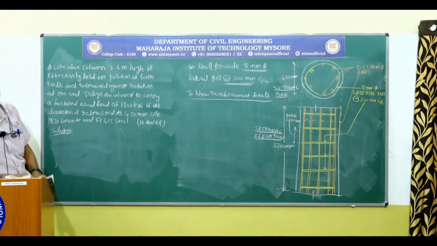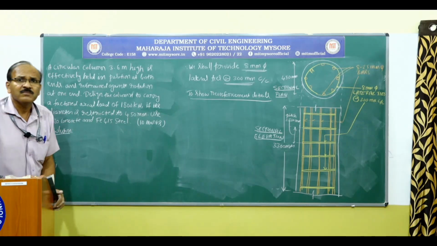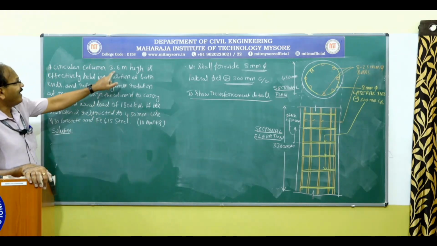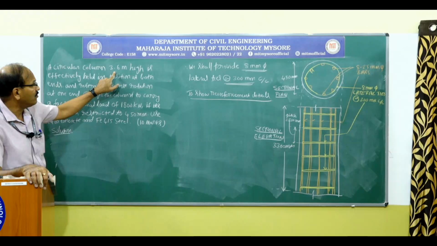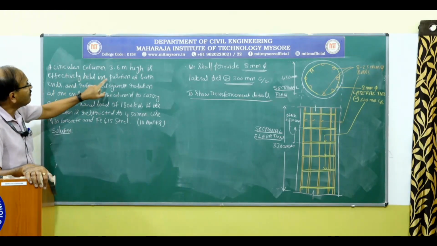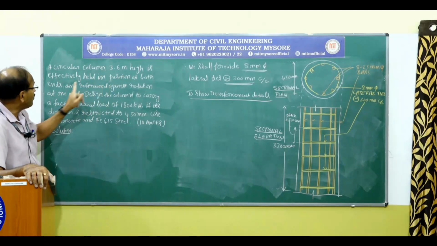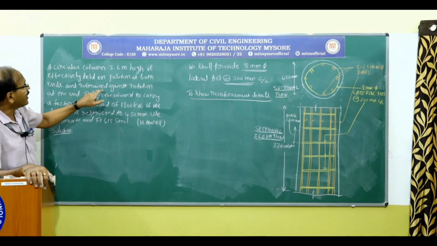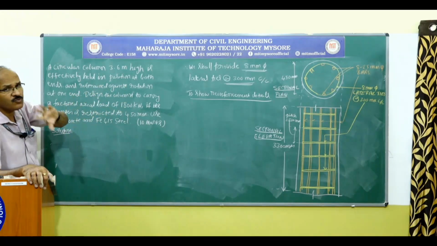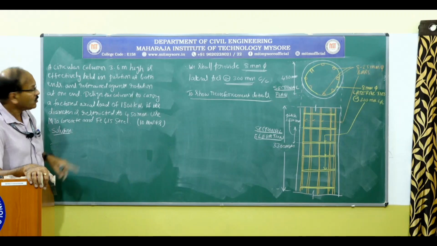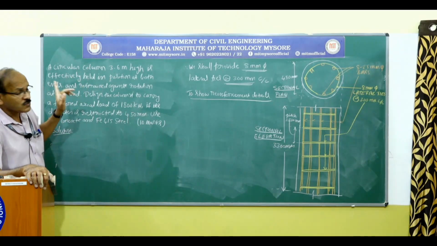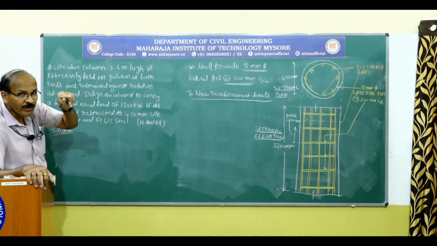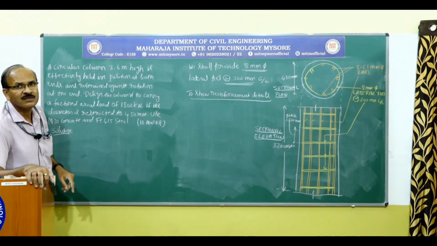A circular column 3.6 meter high, that is the unsupported length or the total length of the column, is effectively held in position at both ends and restrained against rotation at one end. So these are the end conditions. So based on the end conditions, we have to find out what is the effective length.